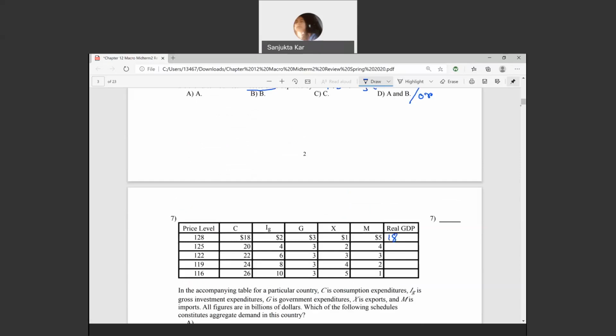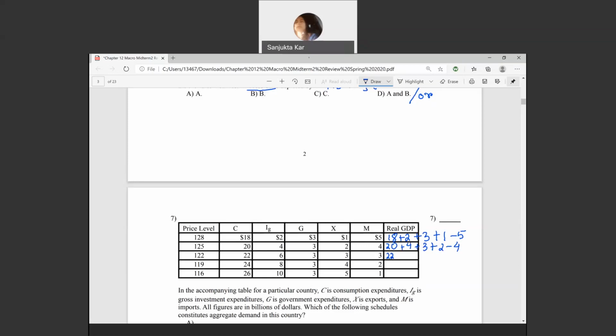You just have to look at the C plus I plus G plus X minus M and see which one matches up. I'm giving you the hint here, or more than the hint, and then it is your task to go on and do the math and solve this problem.